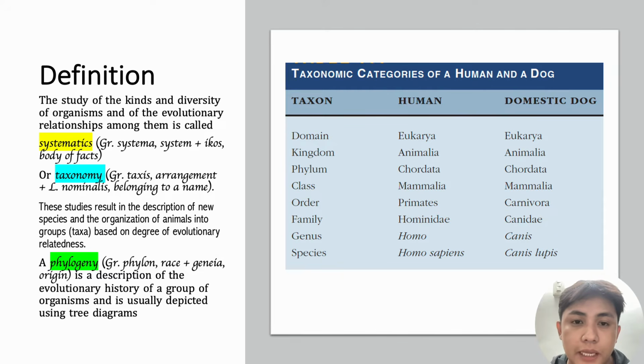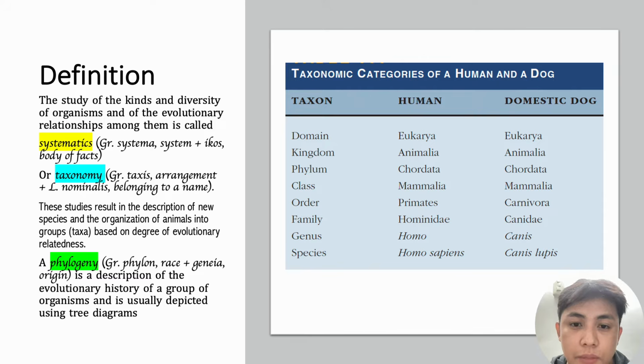On the right is the taxonomic category of humans versus a dog. For the taxon of the human and the domestic dog, we have the domain under Eukarya for both, the kingdom is Animalia for both, the phylum is Chordata for both, the class is Mammalia for both, and they have diverged or separated in the order.